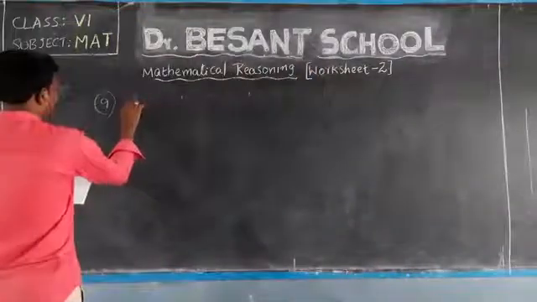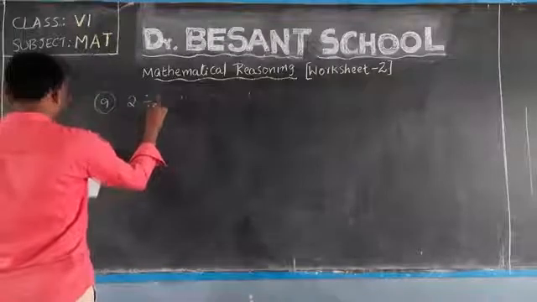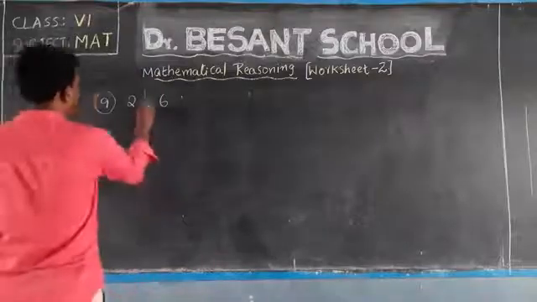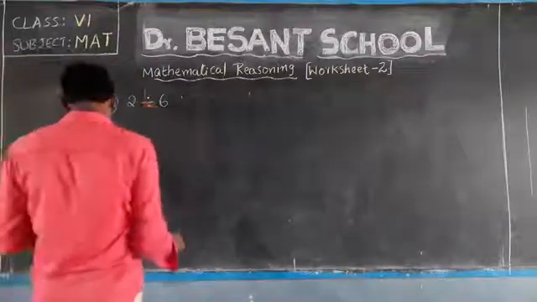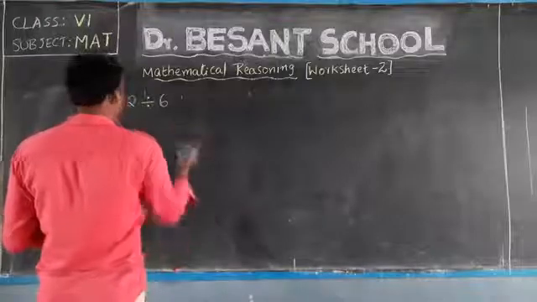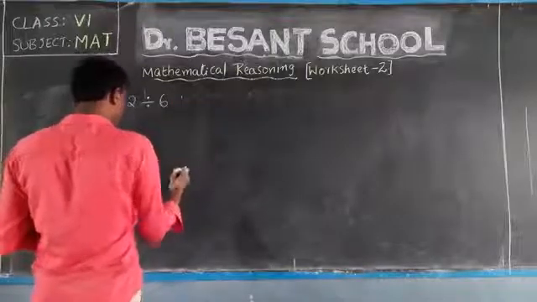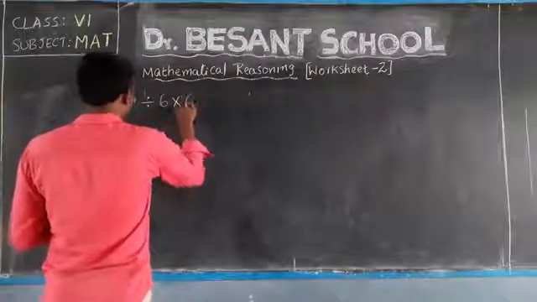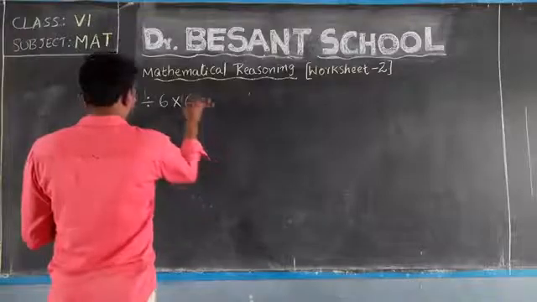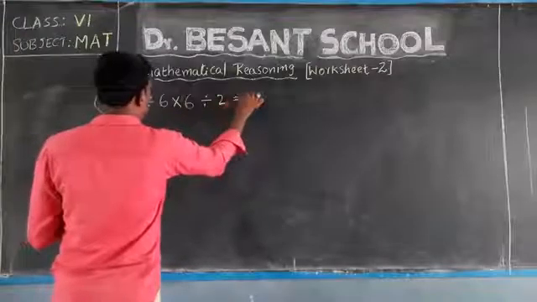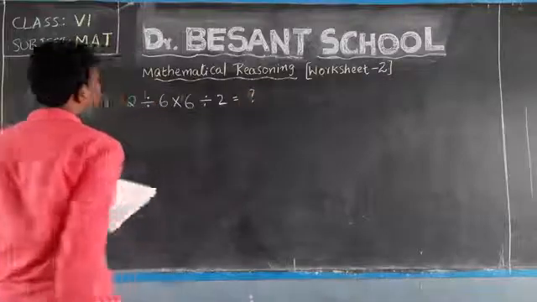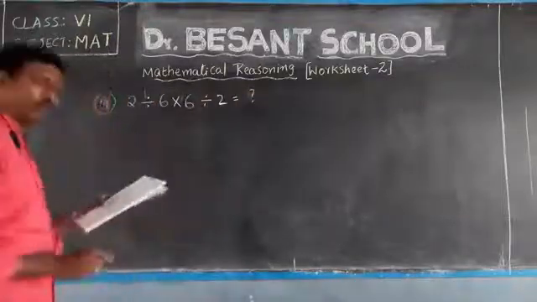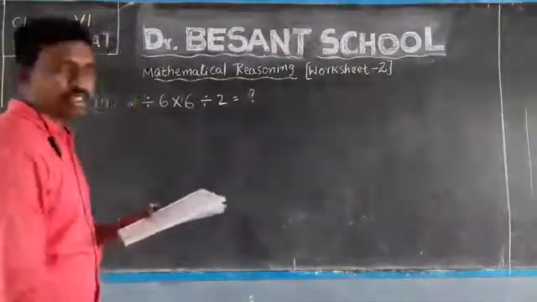I will write the question and I will explain the symbols. 2 divided by 6 into 6 divided by 2 equals question mark. Here we have only two symbols, that is divided by and into.